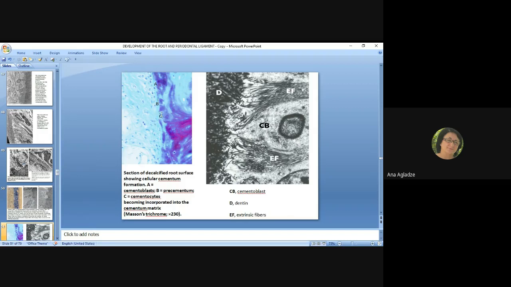And here you can see two cells which are cementocytes, becoming incorporated, embedded into the cementum matrix. And this is a high magnification electron micrograph. You can see the dentin, and you can see these extrinsic fibers or Sharpey fibers, and this is a cementoblast. And you can see the Sharpey fibers which are perpendicular to the central axis of the root surface.